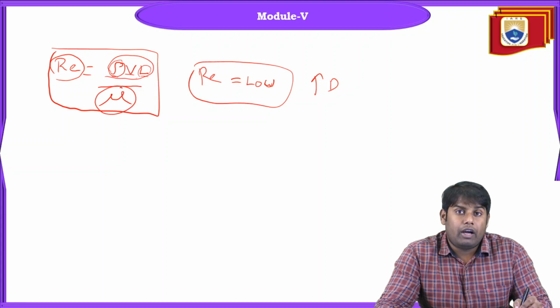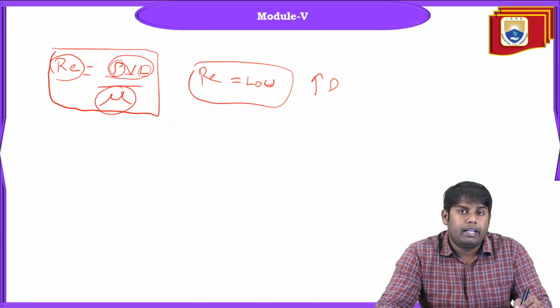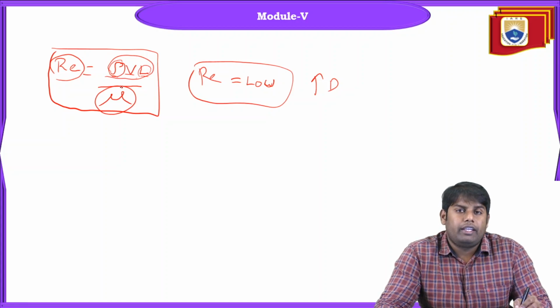Now high viscous fluids. An example is honey, which is a high viscous fluid, or any gel kind of thing. Basically, let us take a realistic example.